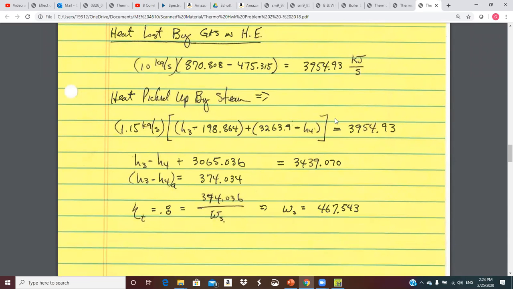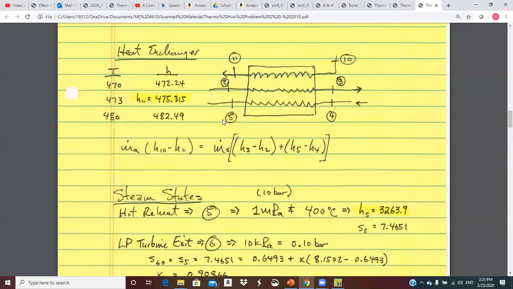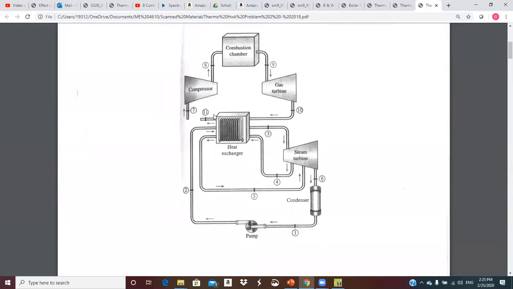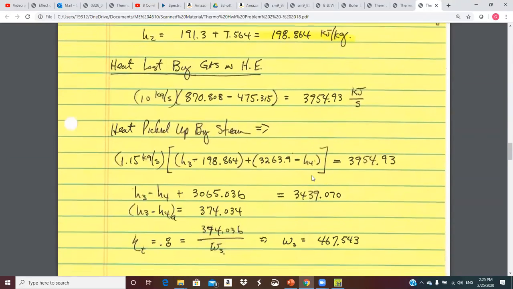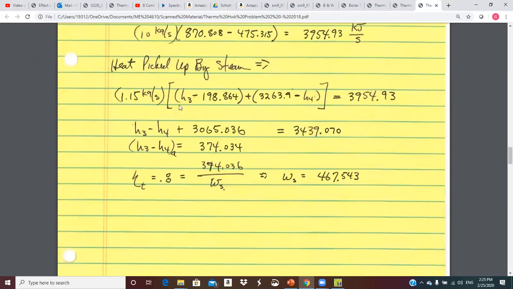And so I'm just going to set that equal to the equation on the steam side, 1.15 kilograms a second. It's H3 minus H, whatever it is. Let's go up and look. Okay. So H3 minus H4, and then it should be H5 minus H6 on those. Is that right?